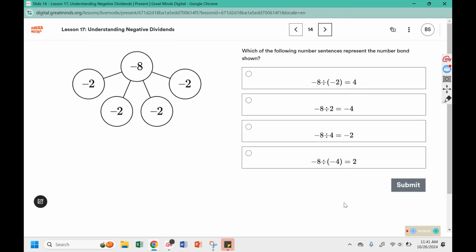Which of the following number sentences represents the number bond shown? -8 is split into 4 groups of -2.